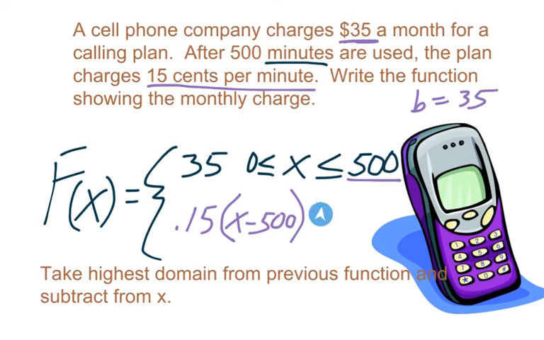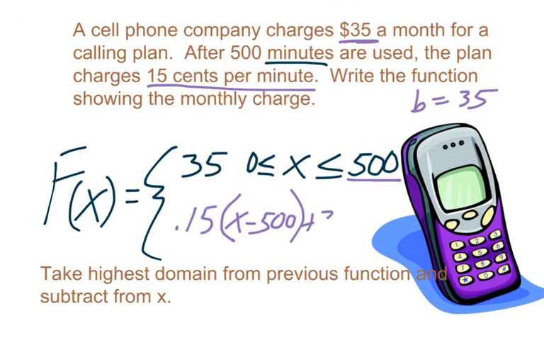So that number just gets plugged in underneath, always. And then for my y-intercept, I plug in my highest domain. So I plug in the 500 again, but now I plug it into that first function. Notice there's no x to plug into, but if there was, I would have plugged it in. So it's always just 35, so that's going to be my y-intercept.